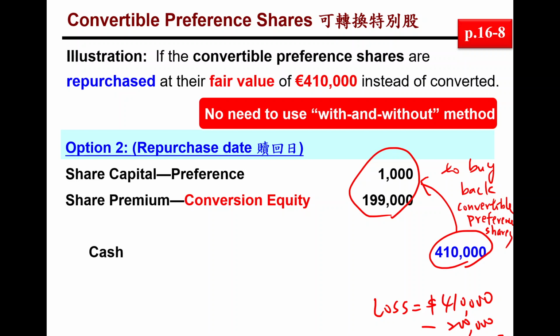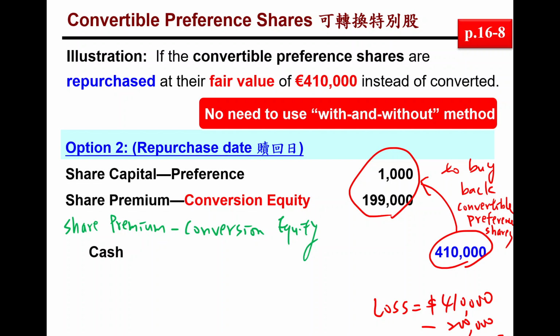So here maybe you will write down share premium dash conversion equity, right? So usually we should write down share premium dash conversion equity for the loss. But the problem is when we write down the account, we have to figure out whether the ending balance is normal or abnormal.